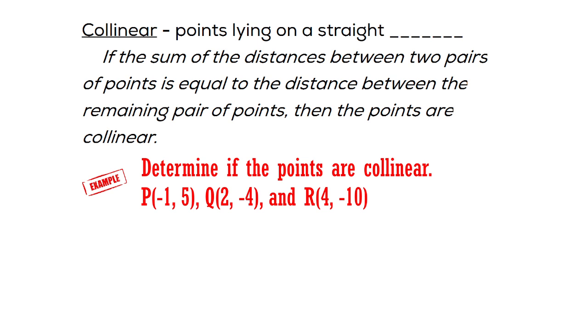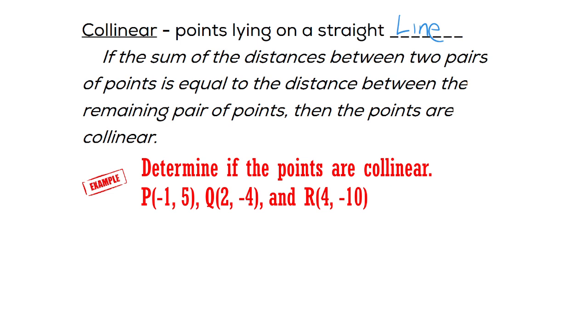All right, so looking at a situation, this is kind of some geometry coming back at us using that term collinear. Remember that collinear points lie on a straight line. That's why they are collinear. Now we can use the distance formula to help us determine if points are collinear.